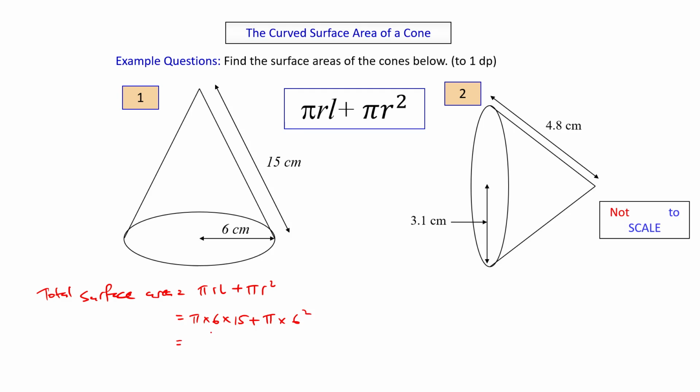Now that gives us, what's 6 times 15? So that's 90. So we've got 90 pi plus 36 pi, which gives us 126 pi, which you can work out on your calculators, and that gives us 1243.57.